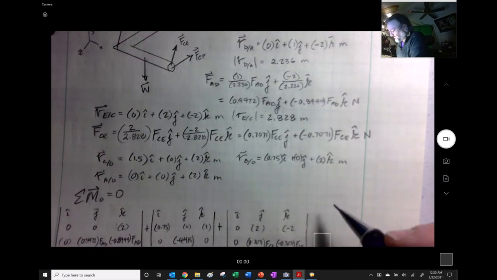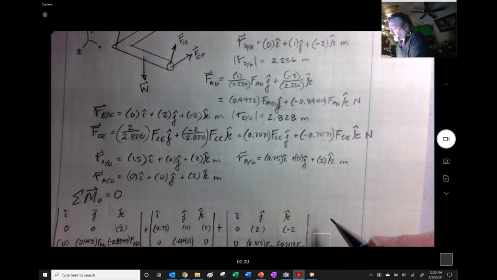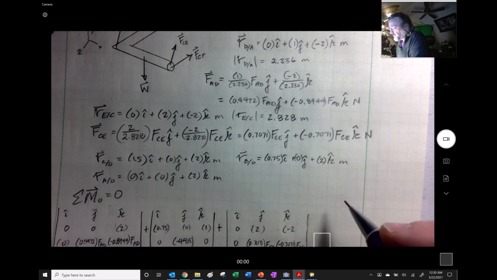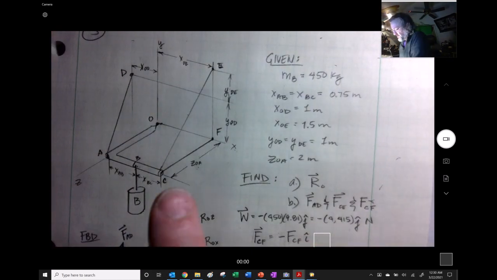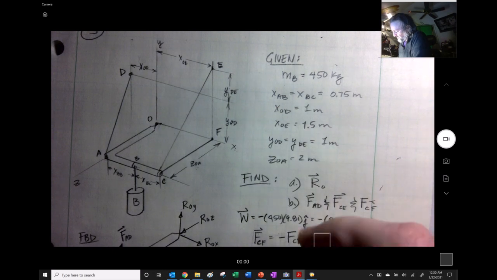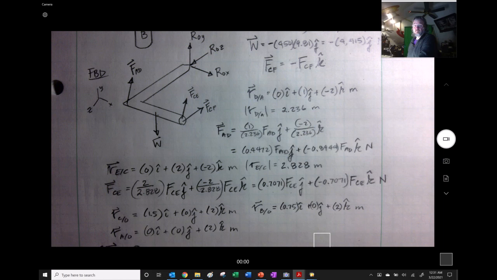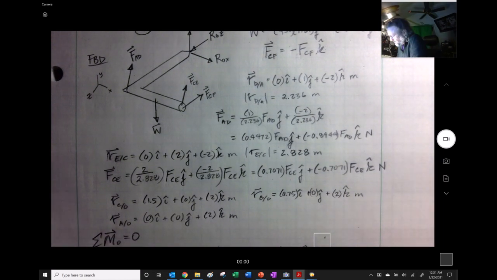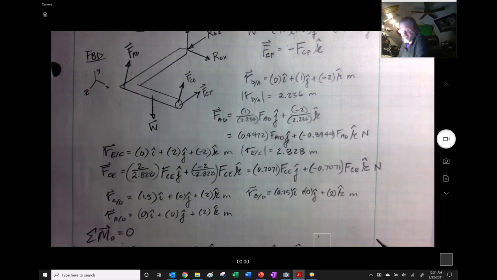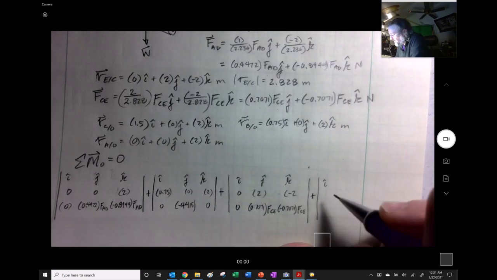I just don't know if it's going to do anything. And I drew him wrong. He should be in the negative k direction. I said that wrong here. Glad I caught it.